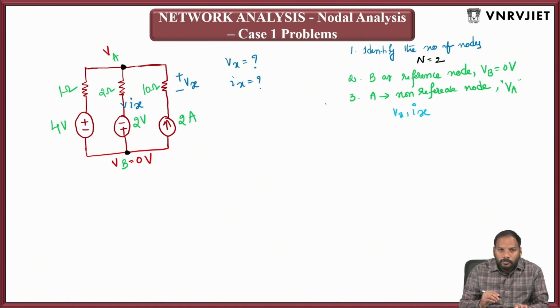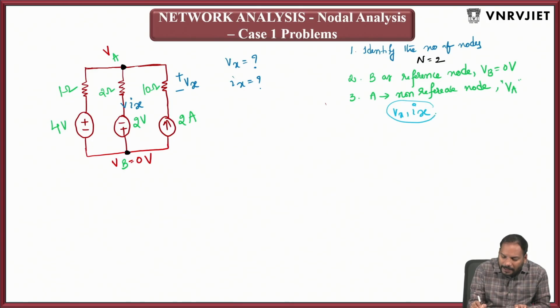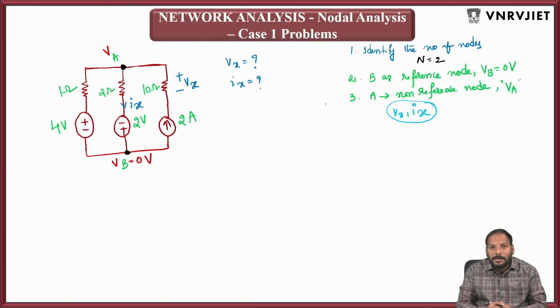To go further, we should redraw the circuit by eliminating the required quantities, Vx and Ix, that is, erase them. You might doubt what will happen if you erase them.